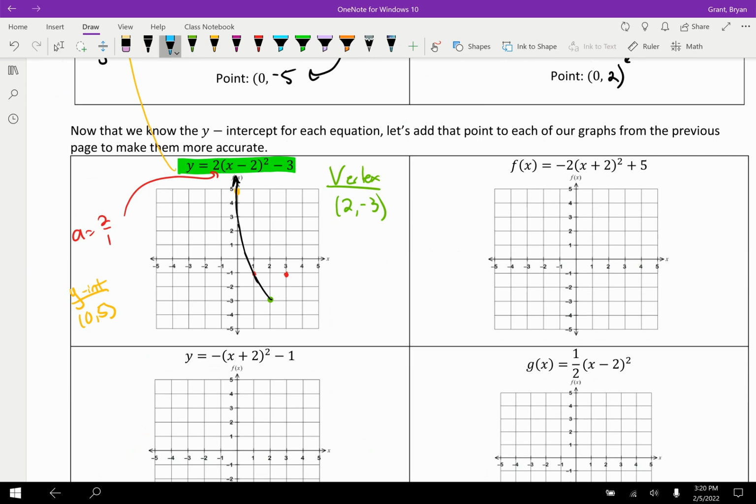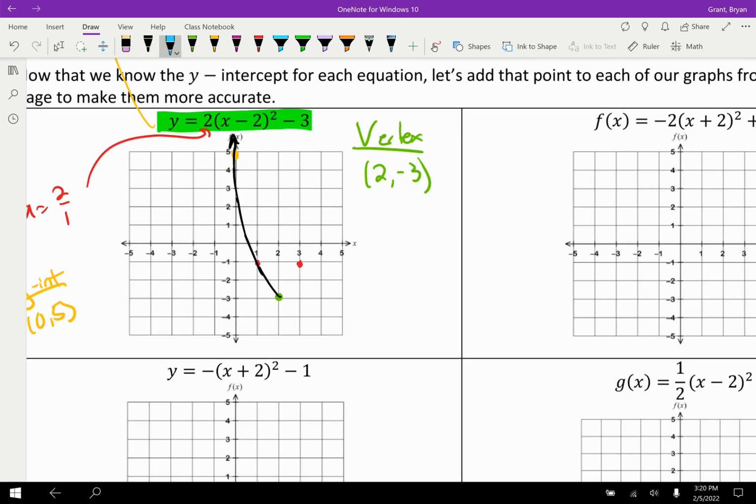You might notice that these points have symmetry. They are an equal distance from the center of our graph. In fact, we call the center of our graph an axis of symmetry. Many times you'll see students and teachers draw in this dashed line here. That's so we can visualize the center. It's called our axis of symmetry.